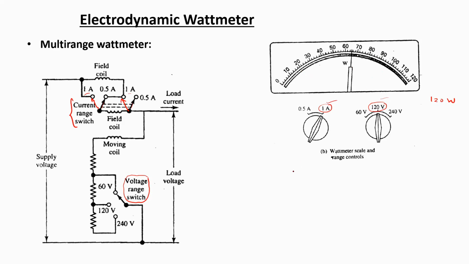Now let's say someone chooses the range of 0.5 amperes for the current range and 120 volts for the voltage range selection. Then the equivalent power would be 60 watts.